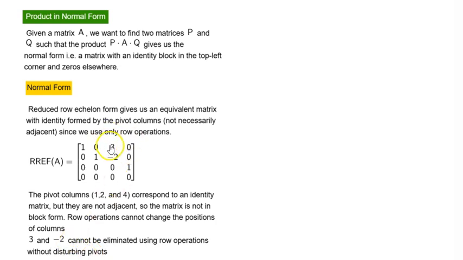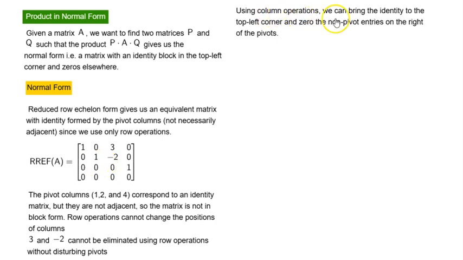Now, 3 and minus 2 cannot be eliminated using row operations without disturbing the pivots. If we try to make these two 0, then these will not remain 1. But using column operations, we can bring the identity to the top left corner and zero the non-pivot entries on the right of the pivots.